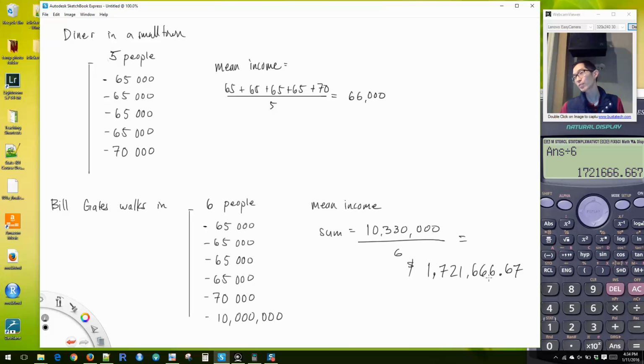Okay, probably not for our data set, right? Because of Bill Gates, this sample is now highly skewed right. Okay, so this is no longer representative of typical.